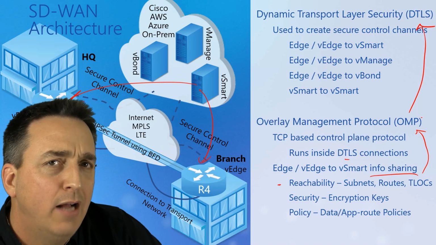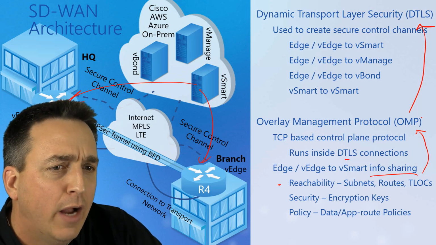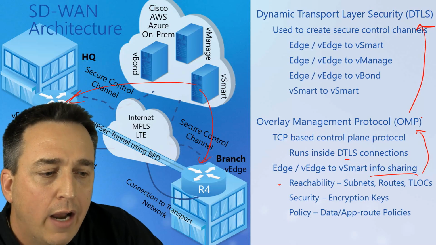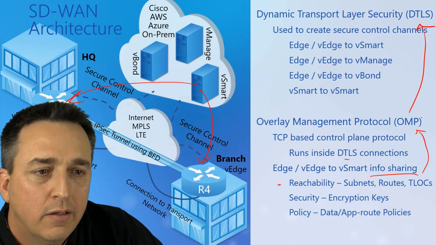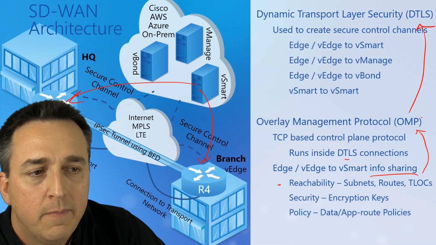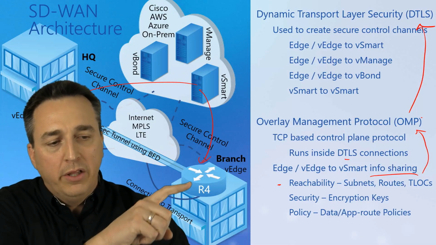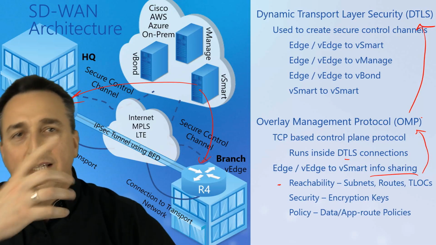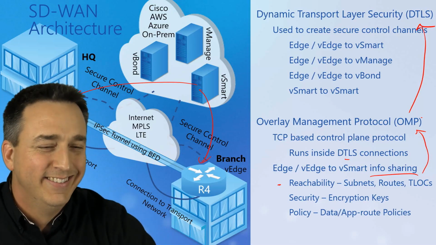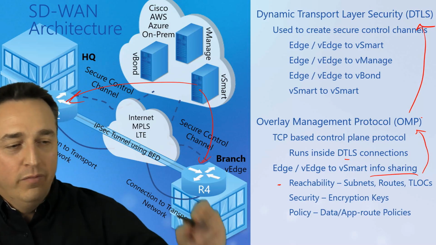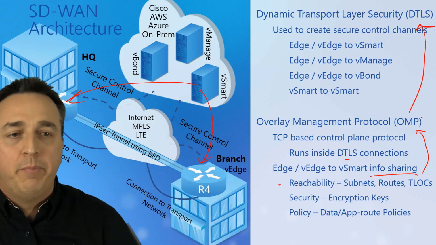That sounds an awful lot like R-locks, right? Well, same idea. Each of our edge devices needs a locator ID. We call them T-locks here. That way we have the ability to create a tunnel from this T-lock to that T-lock. So they have to learn dynamically about those T-locks.